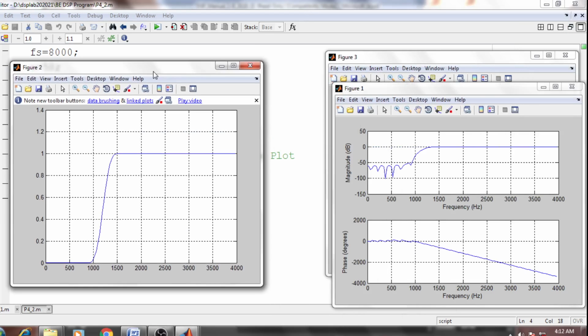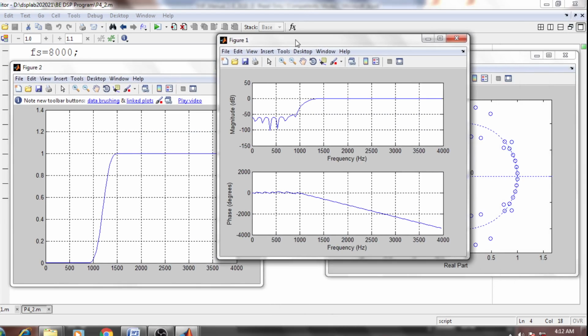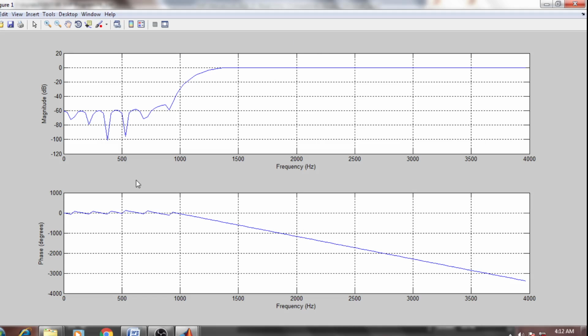Now we go for the magnitude plot and phase plot. Here also you can see the separation between the pass band and stop band with magnitude and phase. In terms of magnitude, after 1200 hertz the pass band is obtained and its magnitude is constant at 0, and in the stop band the magnitude will be minimum, at minus 60 dB.